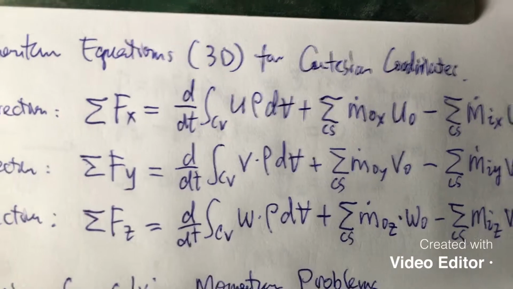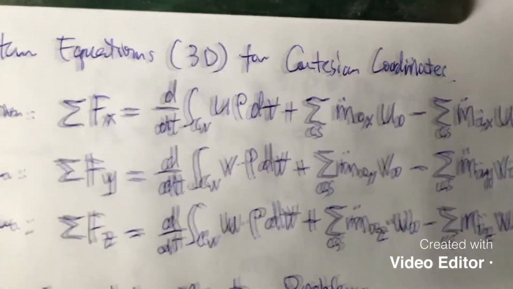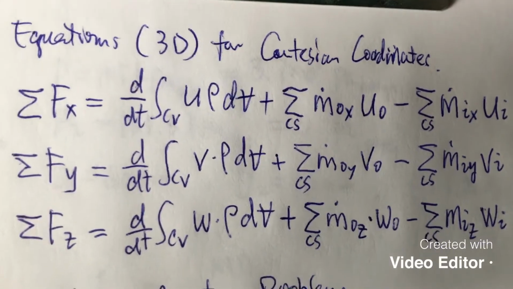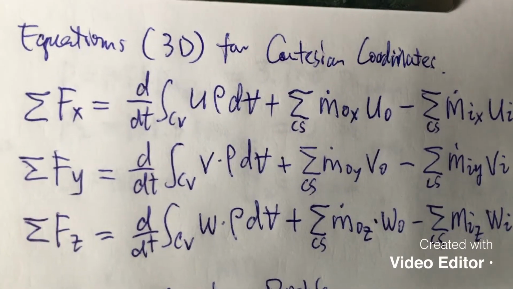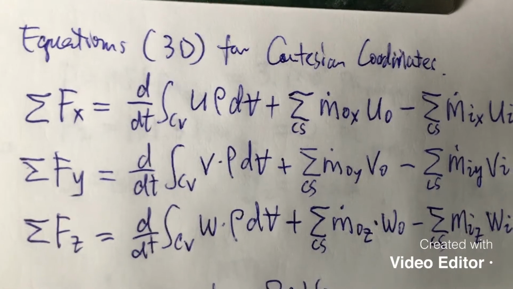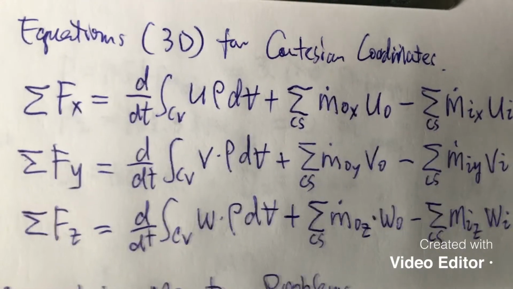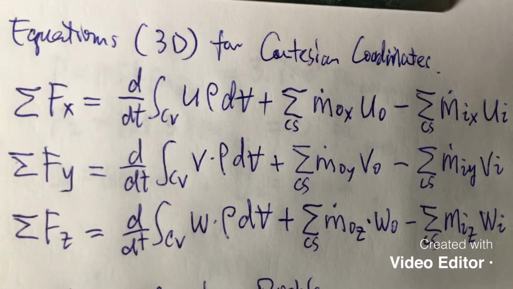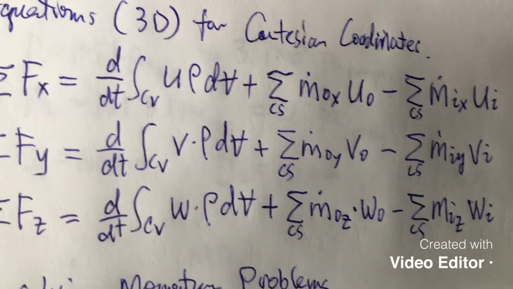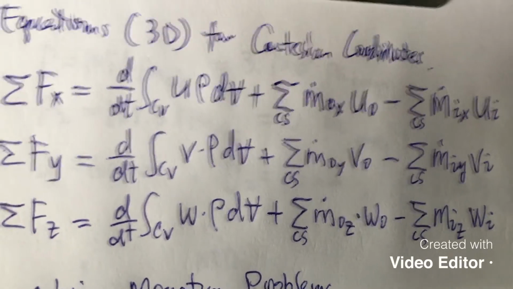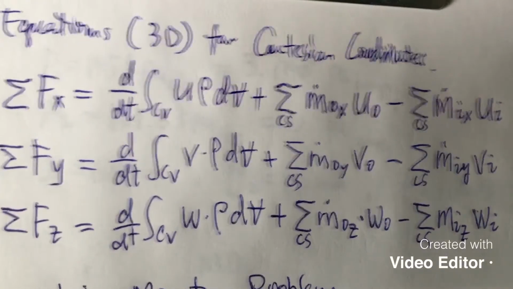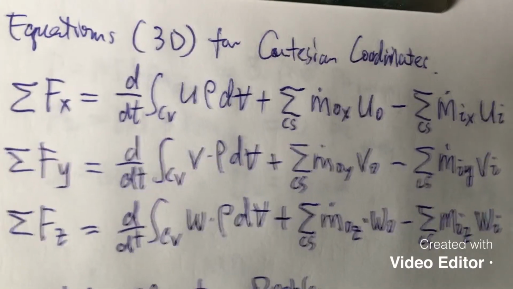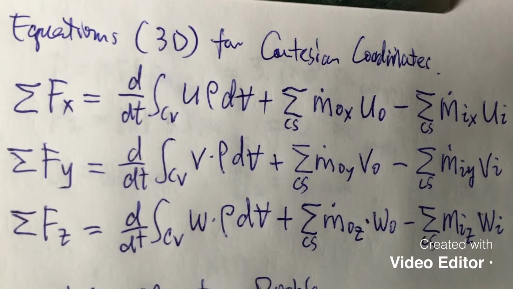Same thing for v. For the y component momentum equation, Fy, you use v instead of u for every term. m dot o,y means the mass flow rate at the outlet for the y component. m dot i,y means the y component of the inlet mass flow rate. v_o and v_i are the outlet and inlet velocity y components.